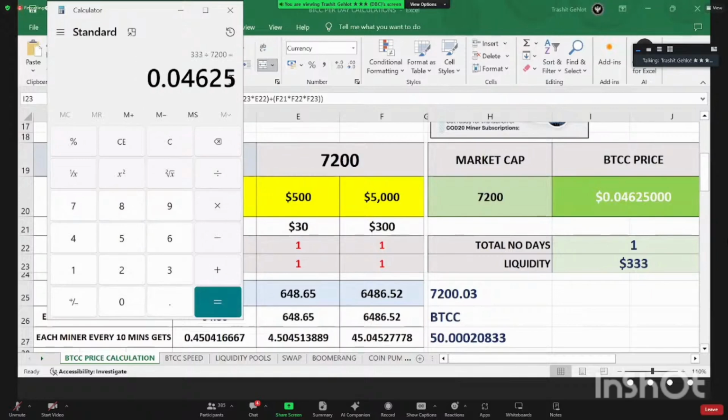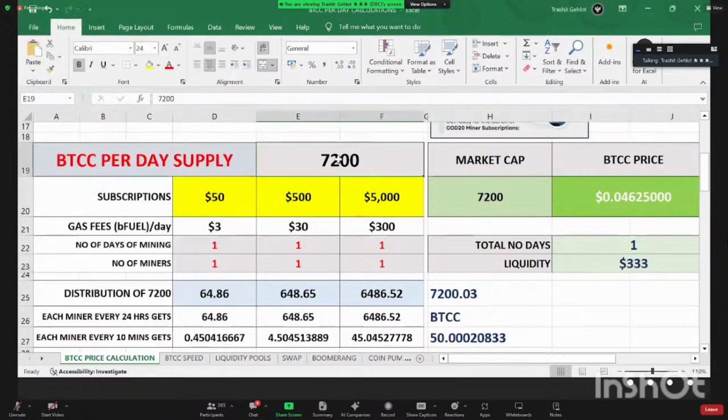Now that you see BTCC is priced at $62, there is a certain liquidity against the number of coins. This 21 million total supply is locked in a smart contract, and 7,200 is released every day. All the people who are mining, depending on their respective hash power, claim daily from this supply.